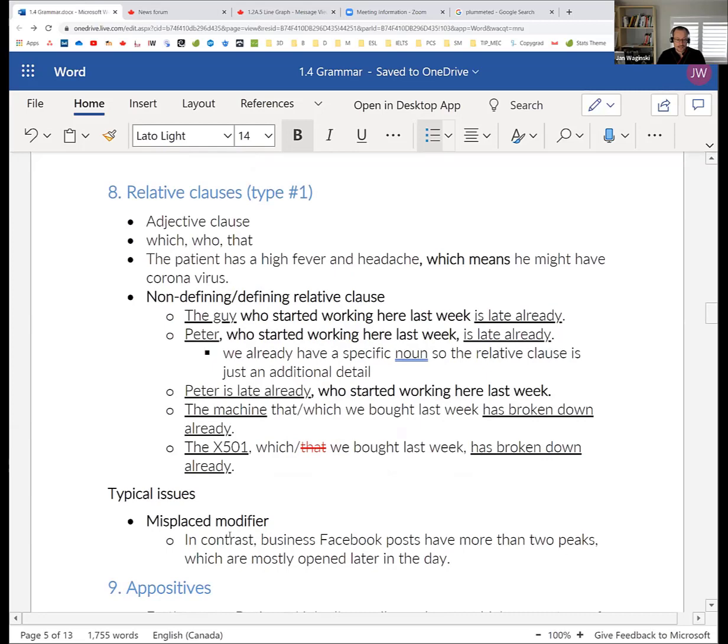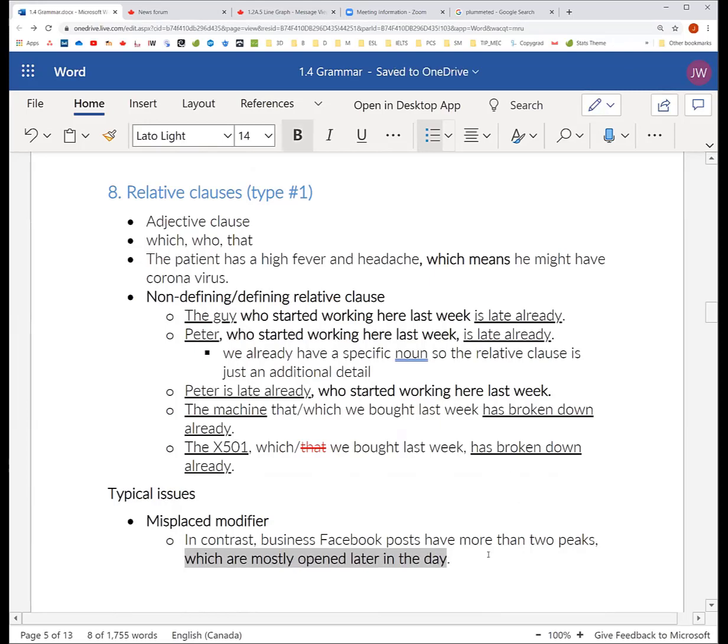Okay. In this situation, in contrast, business Facebook posts have more than 2 peaks, which are mostly opened later in the day. What does which are mostly open later in the day refer to in this sentence? Business Facebook posts.